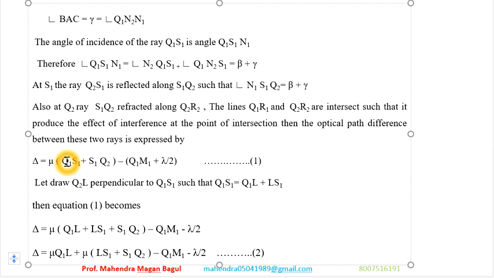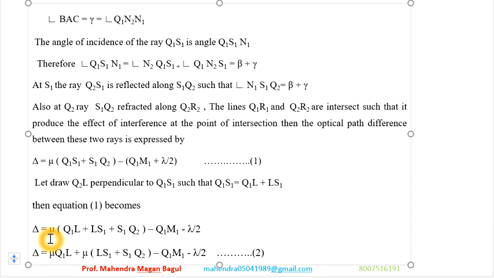Now when we find these terms in this equation, we get the total path difference del. To find this, first of all we draw Q2L perpendicular to Q1S1, such that Q1S1 is equal to Q1L plus LS1. From equation number 1, the value of Q1S1 can be put as Q1L plus LS1.